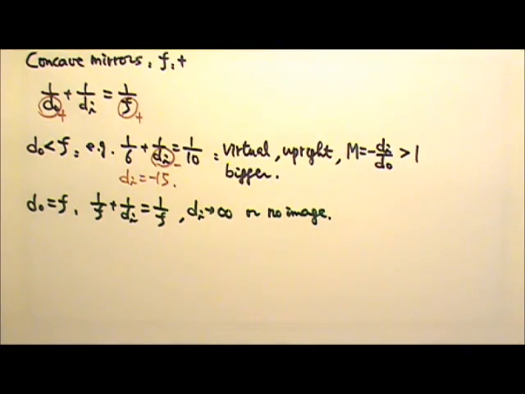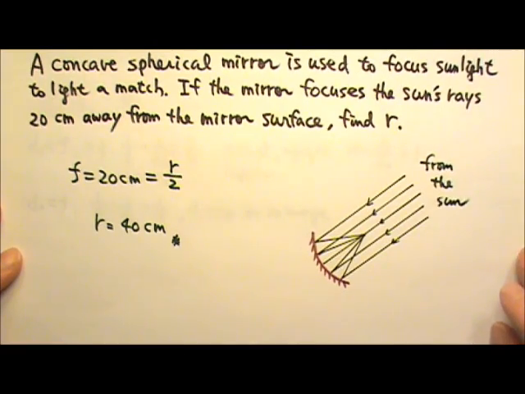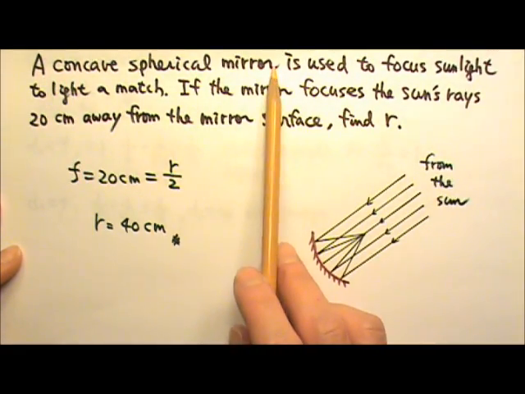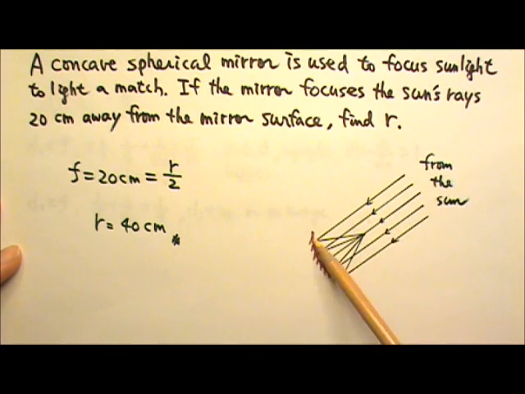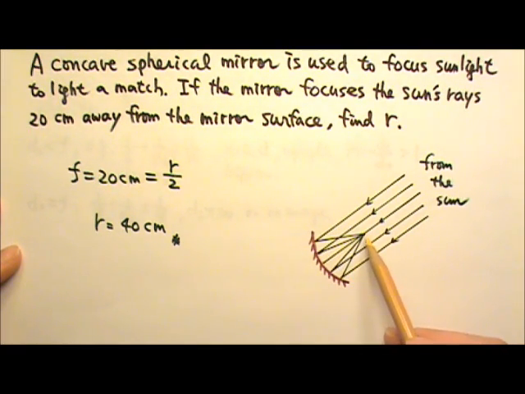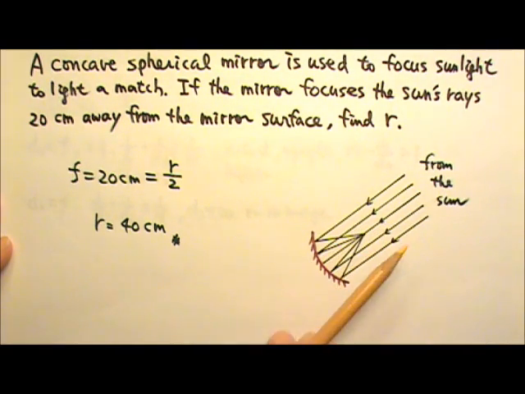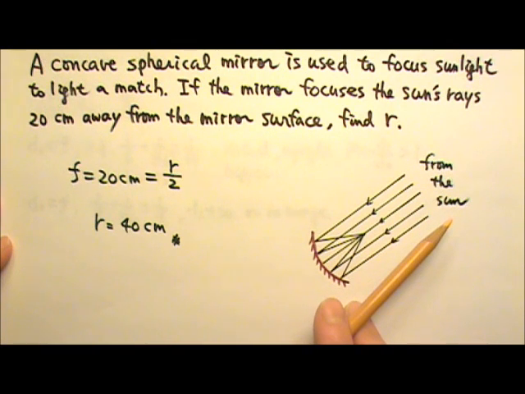An example for this would be back when we talked about using a concave spherical mirror to light a match. The sunlight, the parallel rays would converge and focus at the focal point. And because light rays are retraceable, any object placed at the focal point will give off light that hits the mirror and comes out parallel to each other, which means that they will never meet.